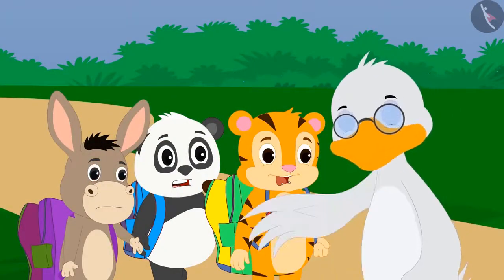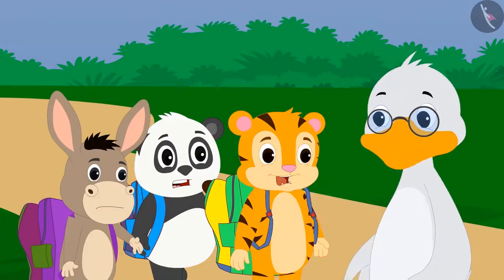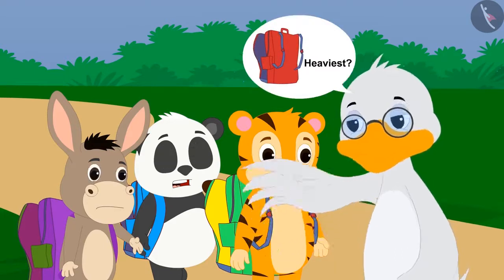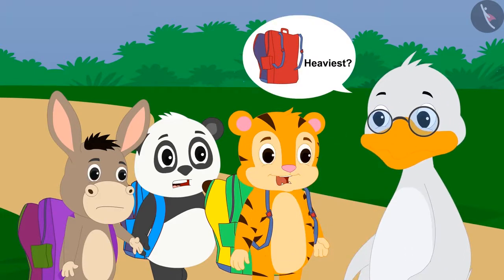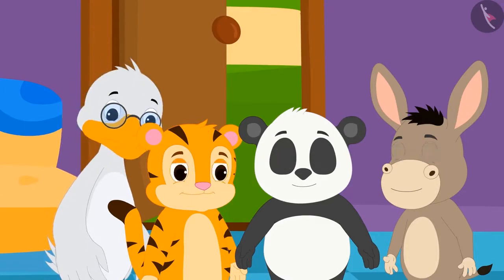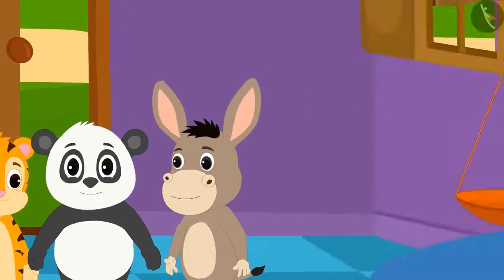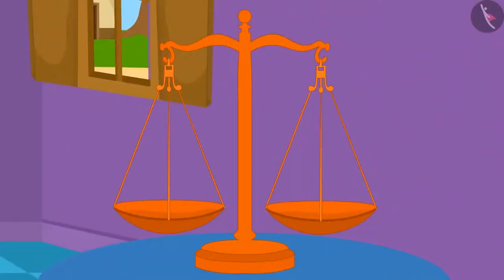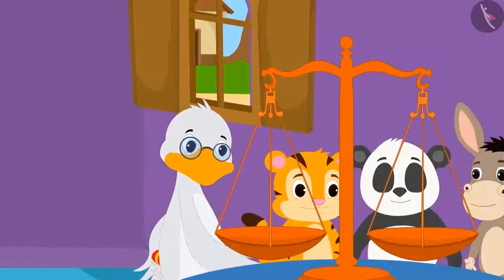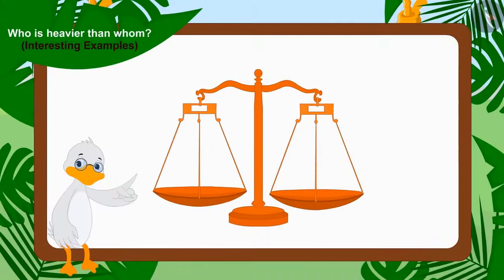Uncle told them that there is a way by which he can find out whose bag is really the heaviest. Uncle brought all three of them to his house. Uncle has a large weighing balance with him. Uncle also brought some balls.